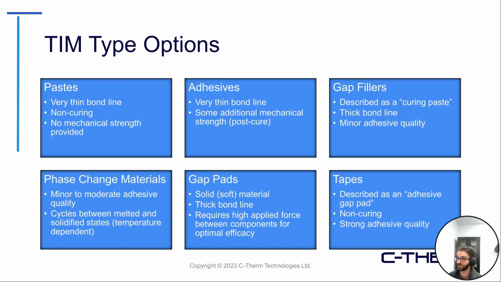But certain systems may need some additional mechanical strength to help keep things together. That's where perhaps an adhesive or a tape TIM would come into play, because it not only provides that bond line benefit, but also some mechanical strength and securing. Again, there's a range of different options here, and we'll be taking a look at a few of these types and how you go about testing them as we go through the session today.